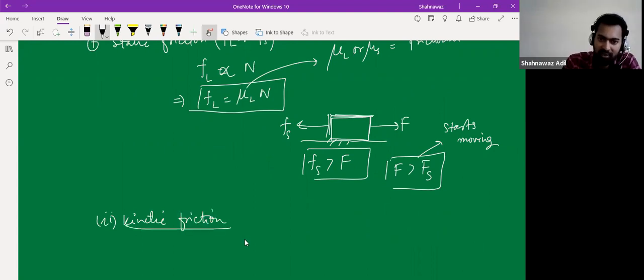Okay, so again, this kinetic friction Fk is directly proportional to the normal reaction. And you already know that the normal reaction acts perpendicularly on the surface of this block, right?